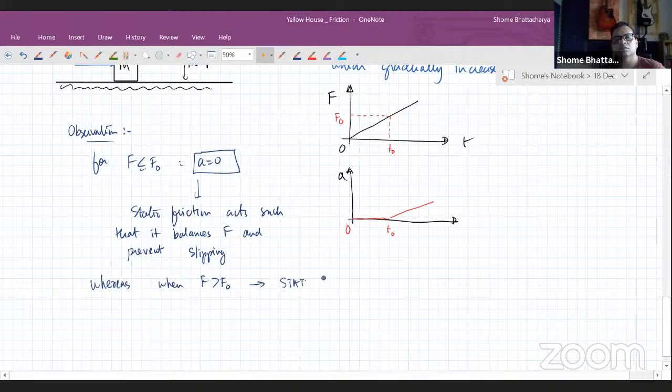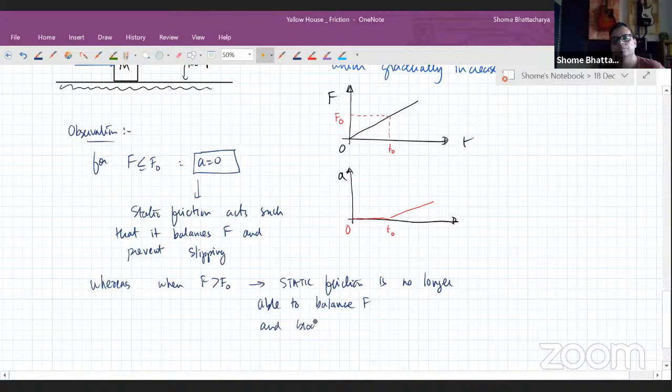Static friction is no longer able to balance F, because it cannot exceed a certain limit, and the block starts to slip.